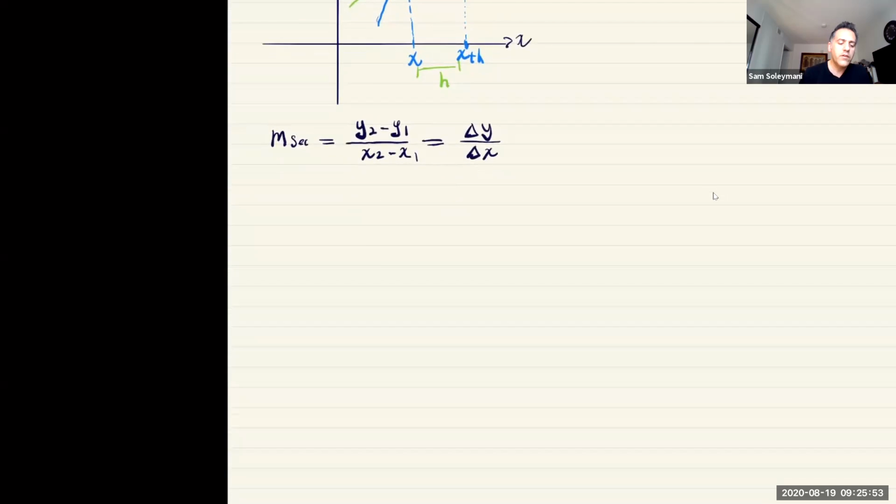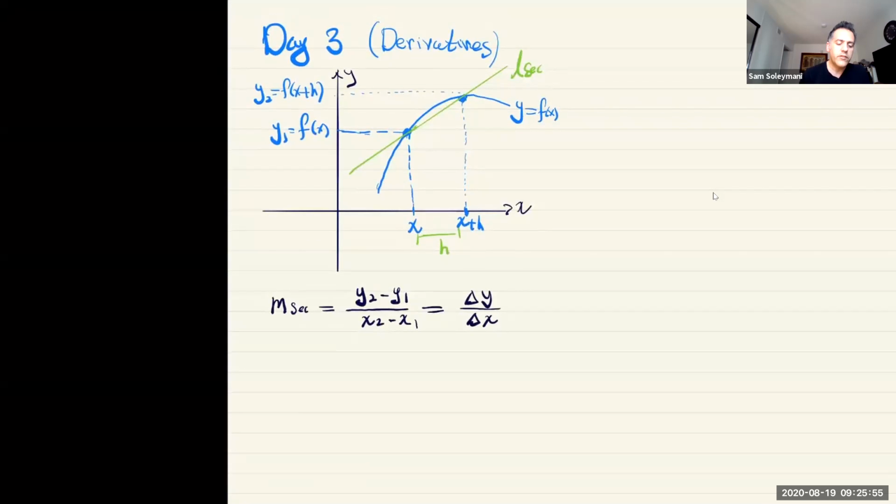So to get the equation of the tangent line, which is something like that, a little bit steeper, yeah, that's the tangent line, we're going to let h go to 0.